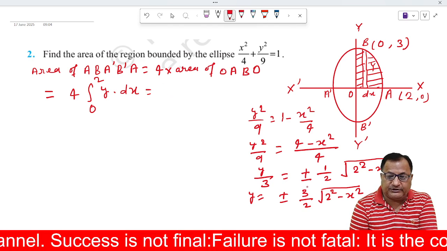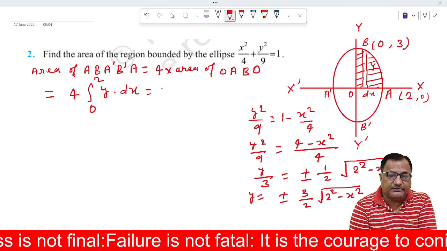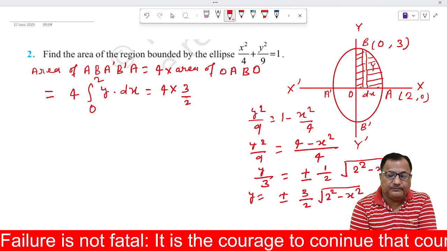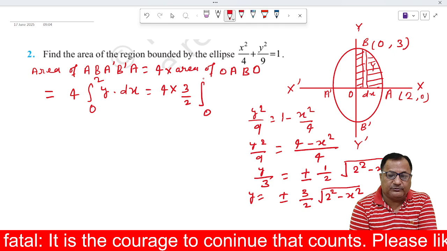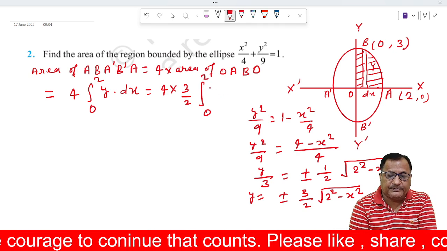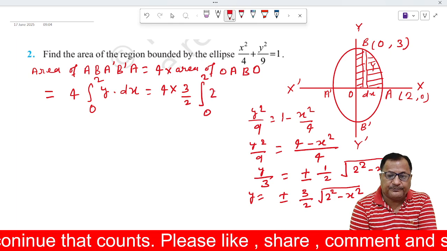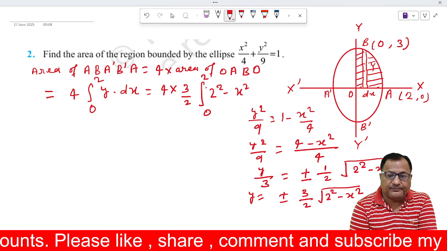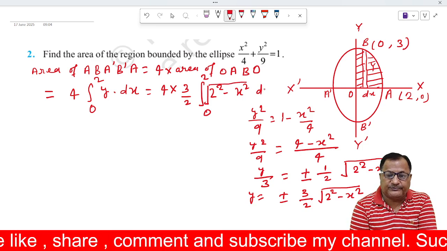So 3 by 2 we take outside, so 4 into 3 by 2, integration from 0 to 2 of the root of 2 square minus x square dx.